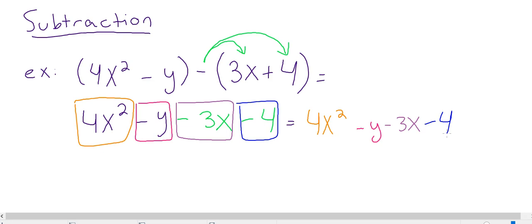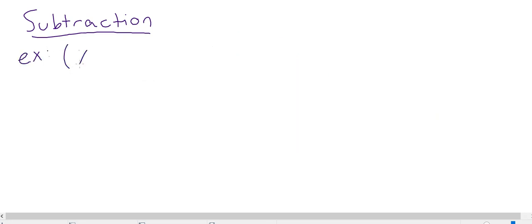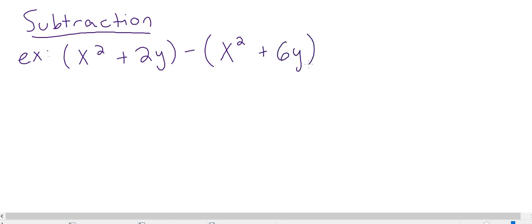Let's look at another example. Let's say I have x squared plus 2y minus x squared plus 6y. Now we have a subtraction sign between the two parentheses. We're subtracting the second binomial from the first binomial. So what do we have to do?